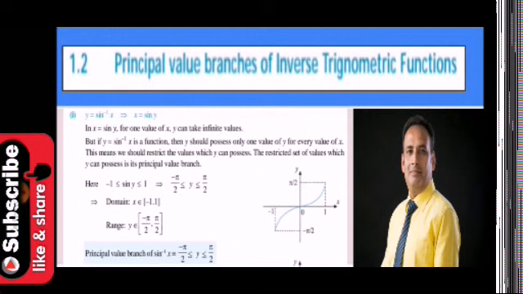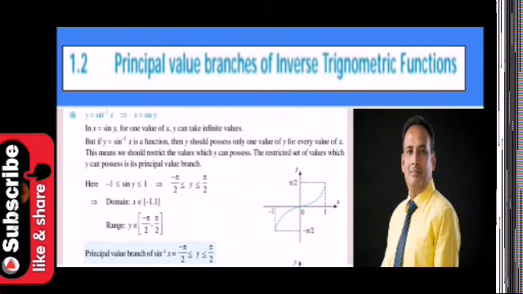That means sin y lies between -1 to +1, so the corresponding part of y lies between -pi by 2 to +pi by 2. Hence we can say the domain is -1 to +1 and the range is -pi by 2 to +pi by 2. And this is the graph of sin inverse x.